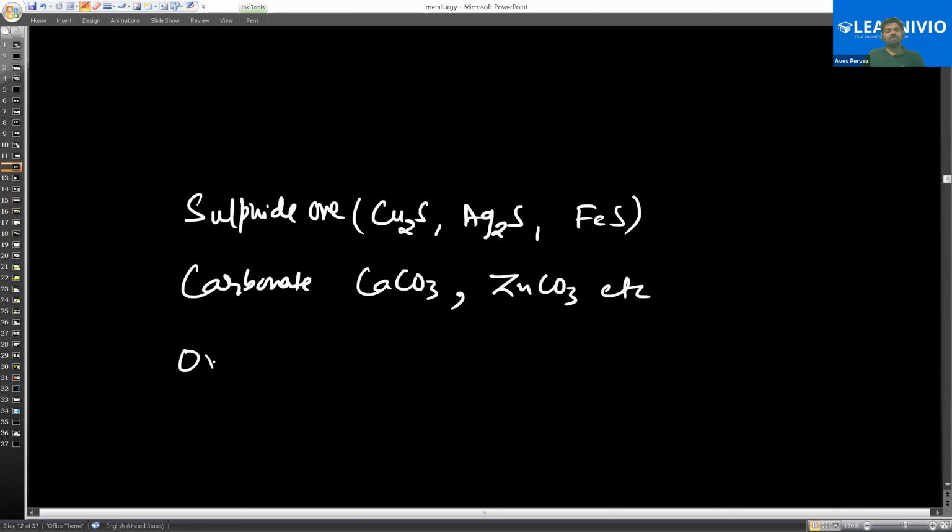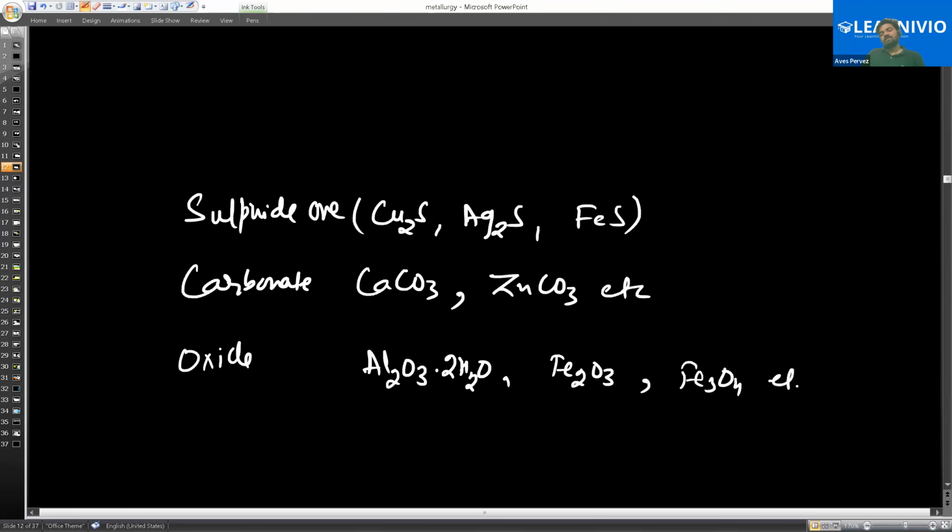Another type of ores are oxide ores, like Al2O3.2H2O, Fe2O3, Fe3O4, etc. And the last type of ores are halide ores. Halide ore means having a halogen group.